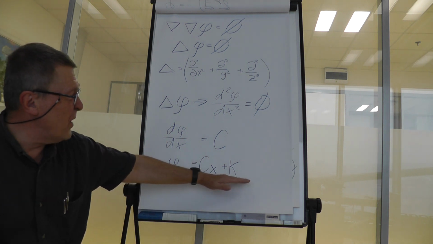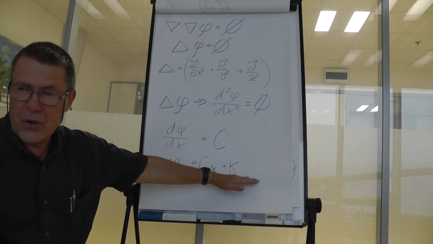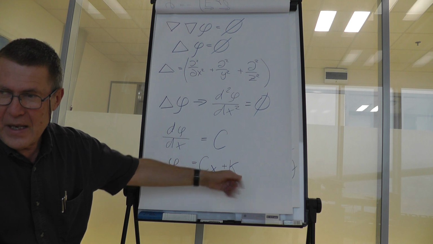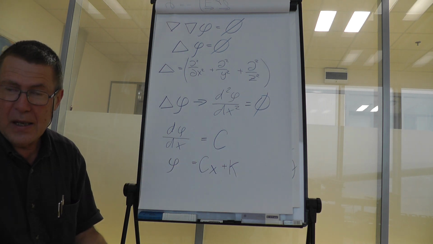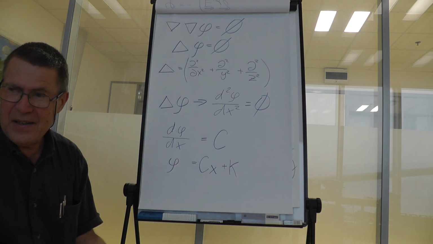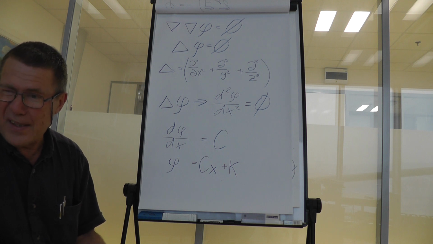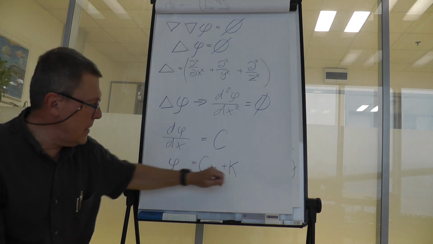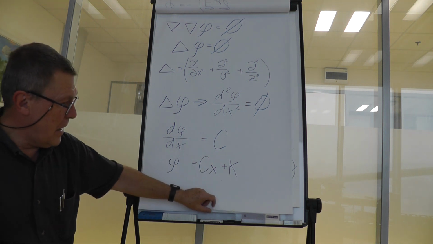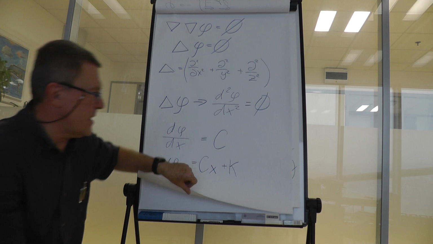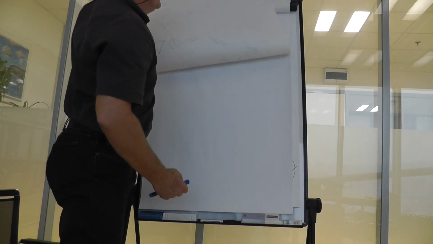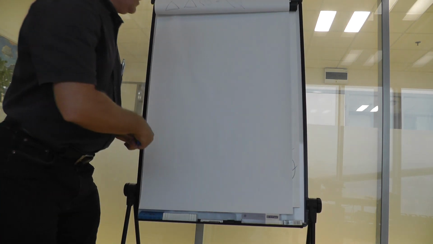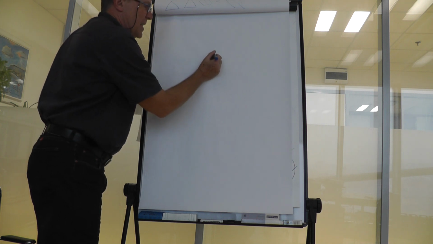Now, I will rewrite this solution to a new sheet of paper and show you a case which can be solved by this method. So we have a solution, and we will somehow stick it to a simple task from electrostatics.